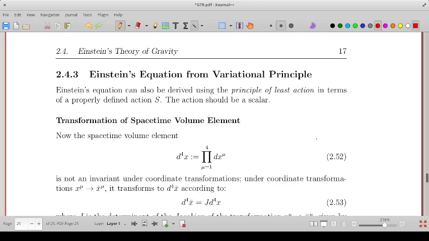We see that the Einstein equation is given by R mu nu minus half g mu nu R equal to minus K T mu nu, where T is the energy momentum tensor, R is the Ricci scalar, and R mu nu is the Ricci tensor.